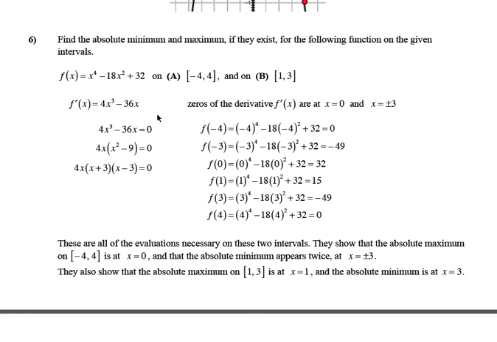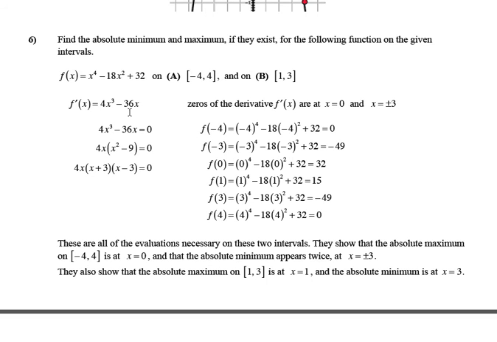And they tell you to find the first derivative and find the critical numbers, and then evaluate the function, not the derivative, but evaluate the function at the endpoints of the interval and the critical numbers in between.